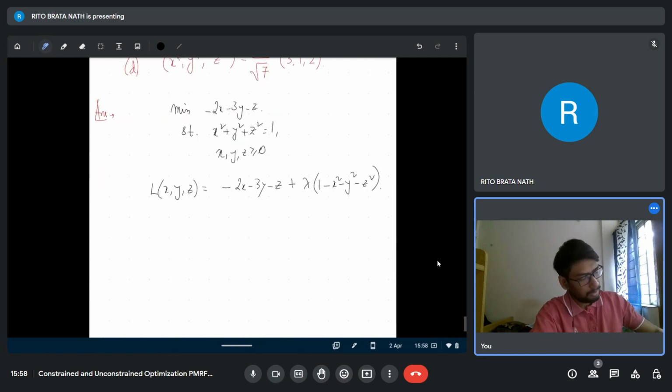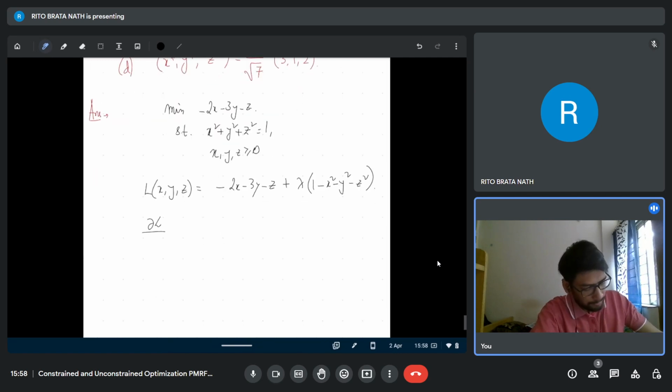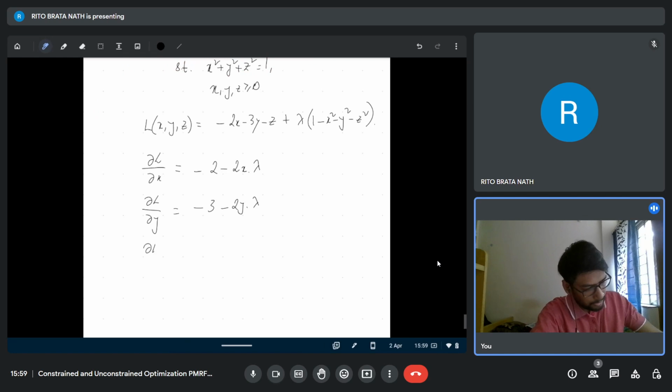Take the partial with respect to x: that's minus 2 minus 2x times lambda. Del L del y is minus 3 minus 2y times lambda. Del L del z is minus 1 minus 2z times lambda.